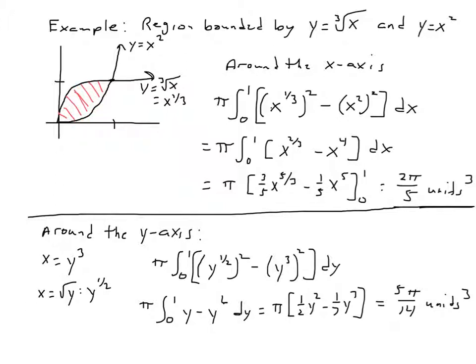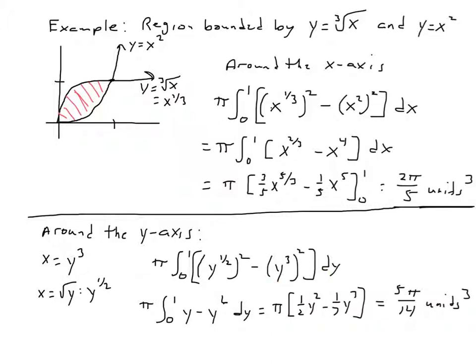And so when I want to find the volume of the solid generated by taking this region and rotating it around the y-axis, what I'm going to get is pi times the integral from 0 to 1 of y to the 1/2. In this case, my outside radius is this portion right there, which is y to the 1/2, y to the 1/2 squared minus y cubed squared dy.